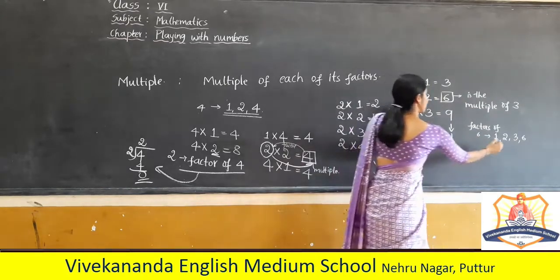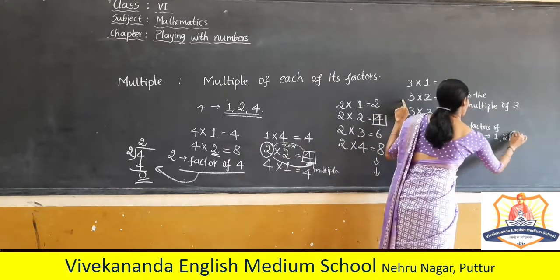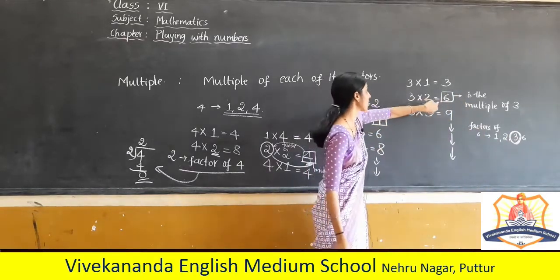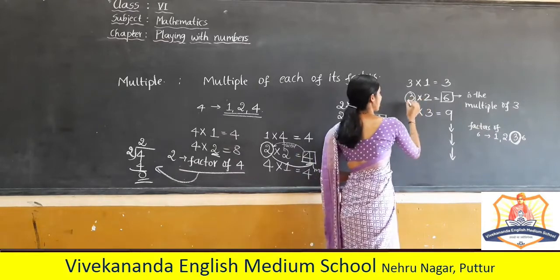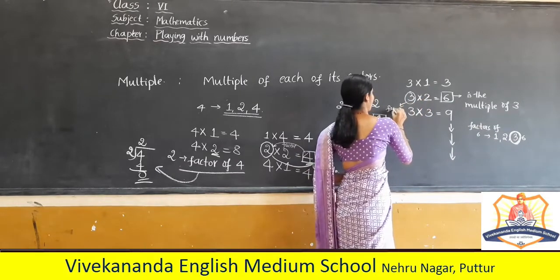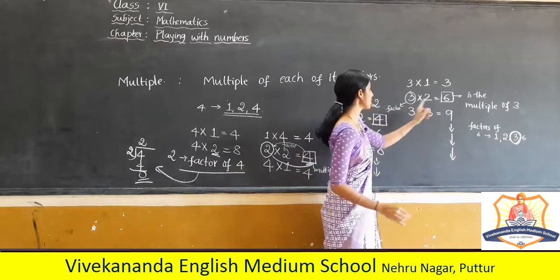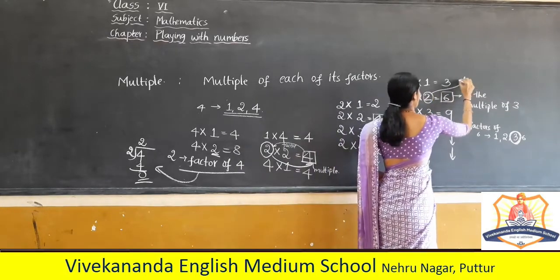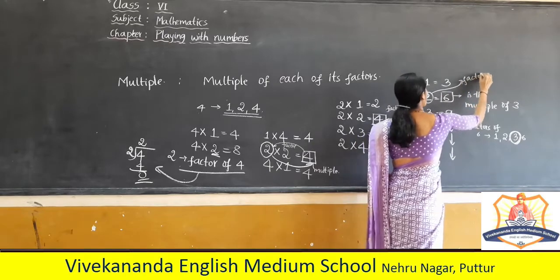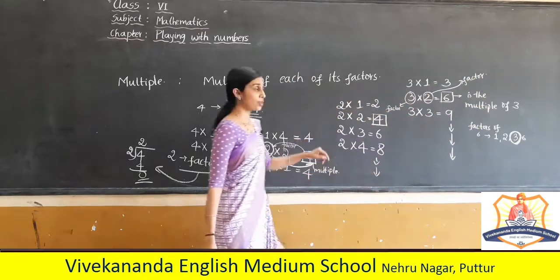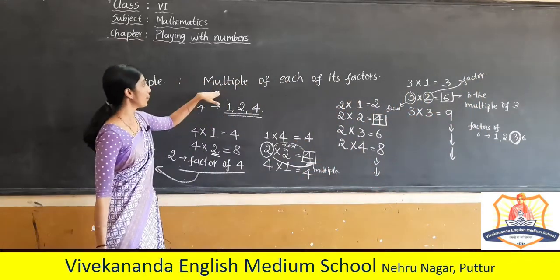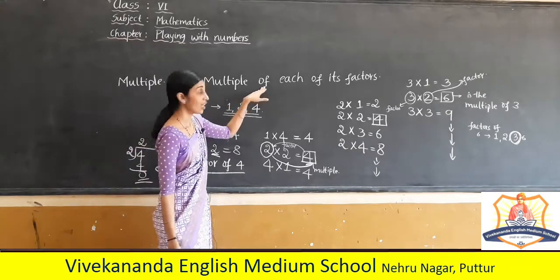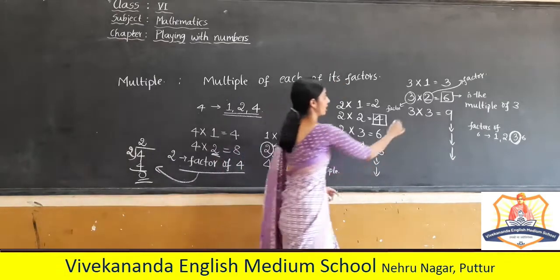Here 3 is a factor of 6. So, this is the factor now. As well as 2 is also one of the factors. So, understood? A number is said to be a multiple of each of its factors.